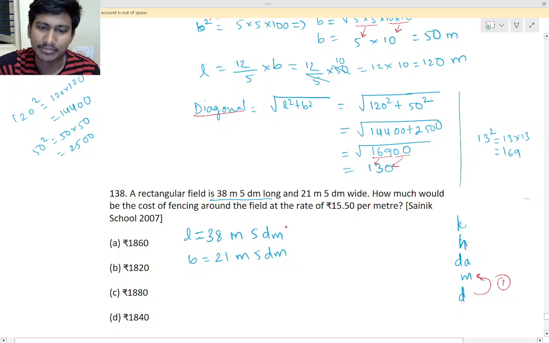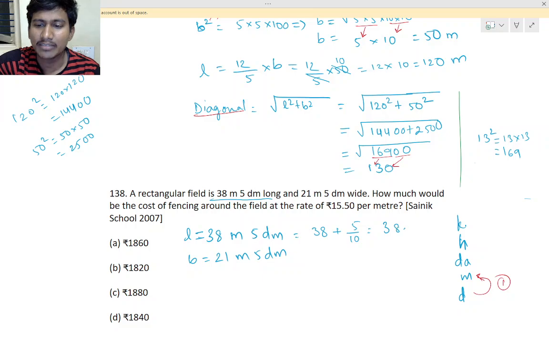So it will be 38 plus 5 by 10, so it will be 38.5 meter. Here also 21 plus 5 by 10. So it will be how much?